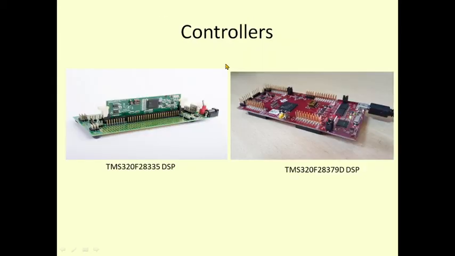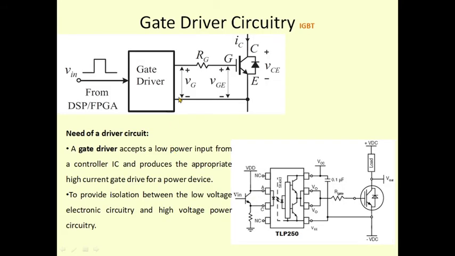This is a low voltage, low current system. So initially, if I ask this IGBT to be turned on directly from this, it will demand a large amount of current because this capacitance needs to be charged, right?